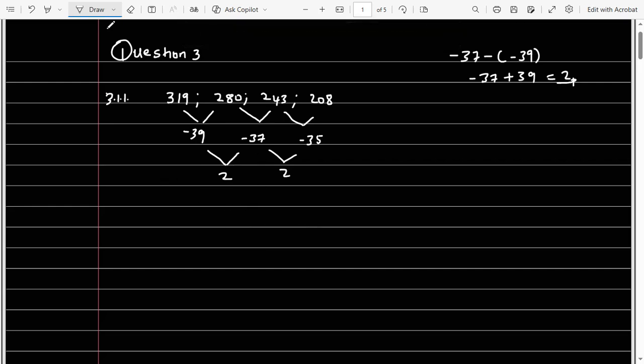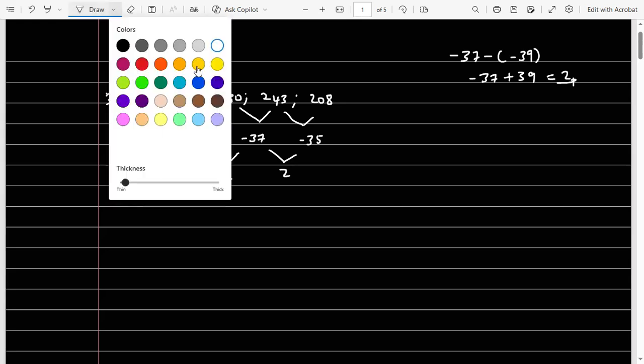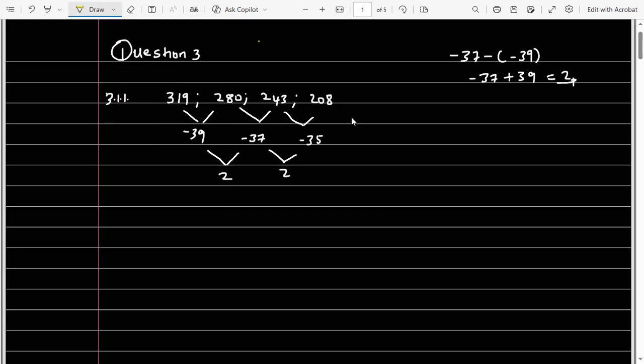So I need you to pay attention to what I'm about to do now. Look at this. To find the value of A, you take the second difference, which is 2. You're going to say 2A is equal to that second difference. Solve for A. You can divide both sides and you'll find that the value of A is 1.